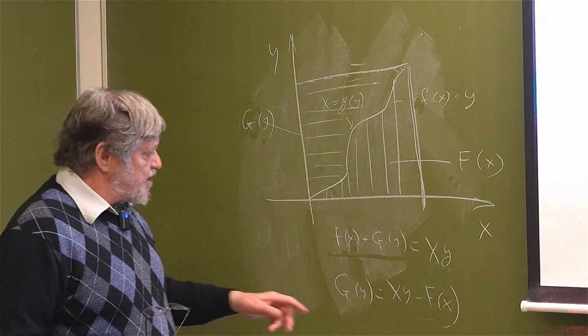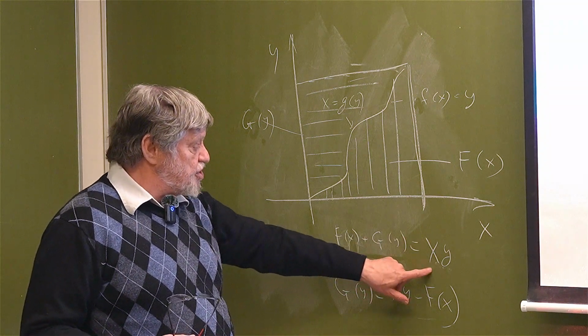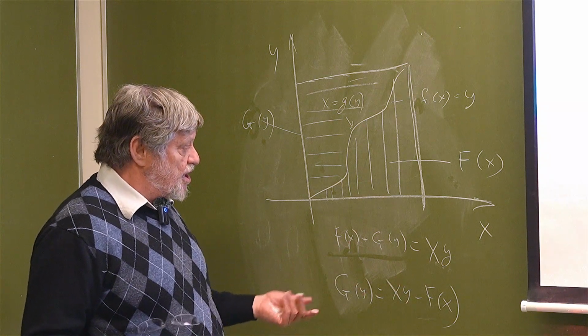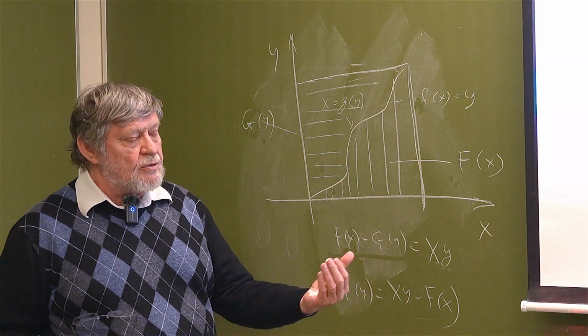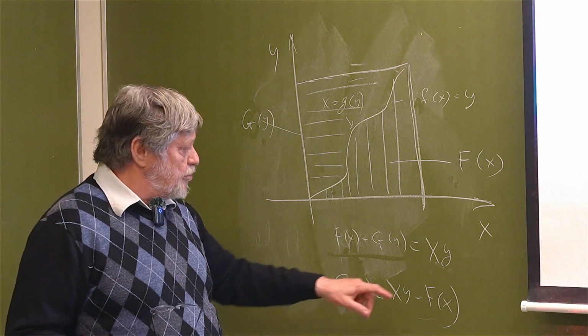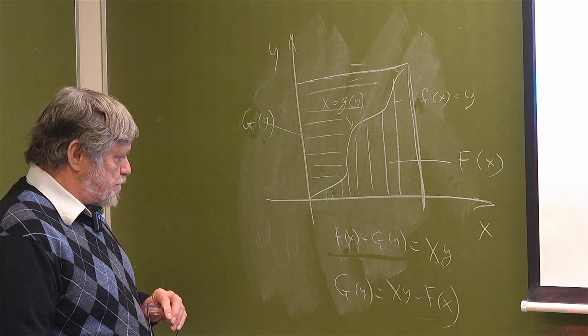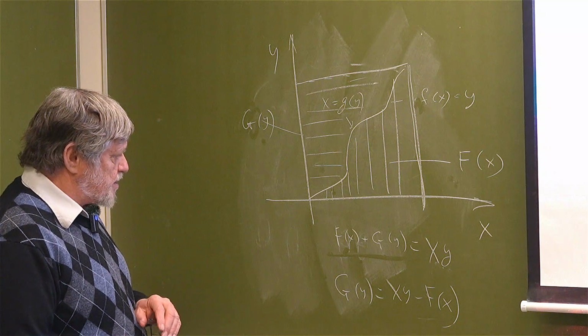So this xy is a measurable quantity, unlike energies. You cannot measure the energy, you can measure only the difference of energies, but you can measure the forces. So the sum of them is measurable, and that's important.